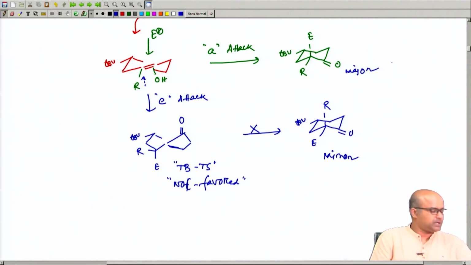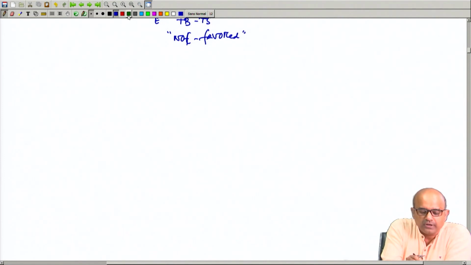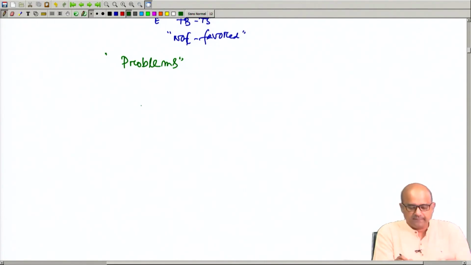So, we have explained a series of cyclic stereo control examples, and there are a few examples for which I can provide you a few assignments or take home problems which you can solve in your extra time.